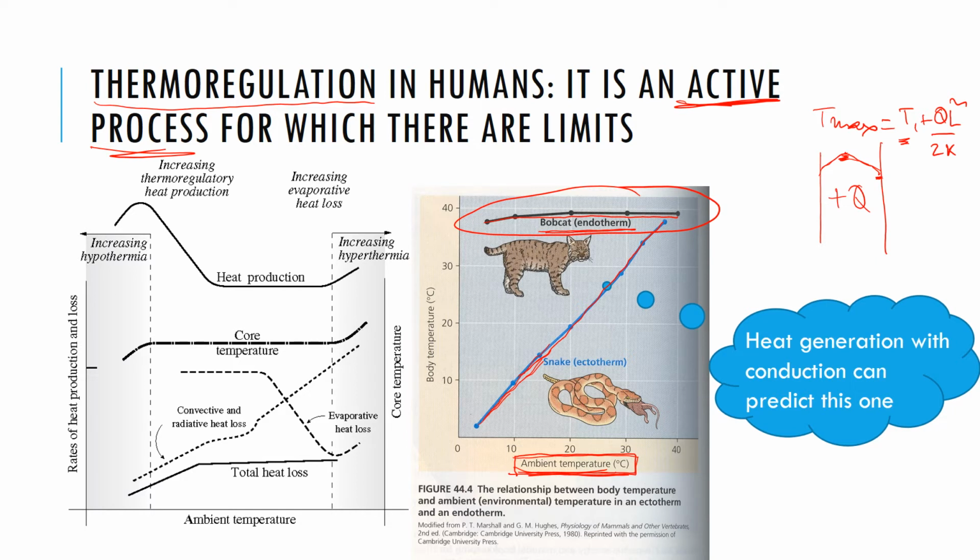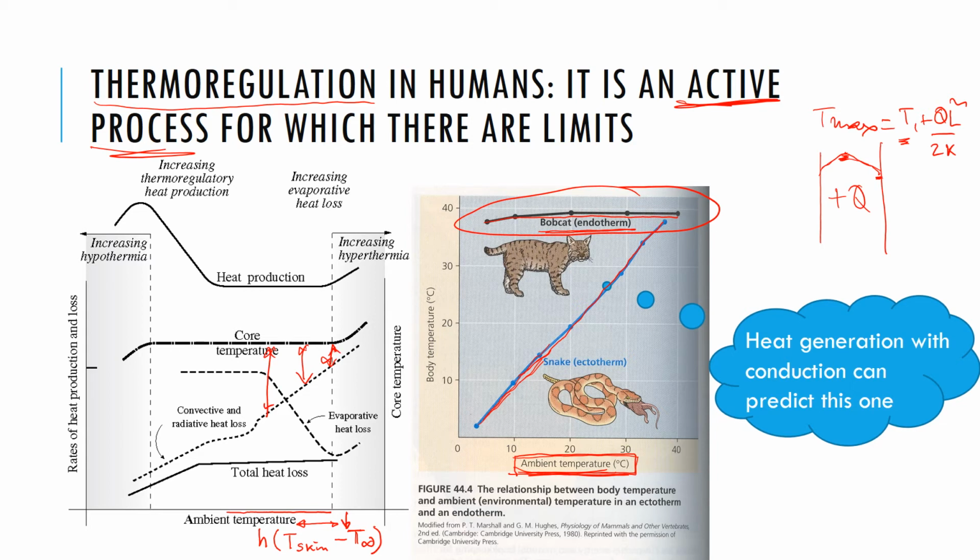So let's say if the ambient temperature increases, then heat loss from our body surface is h times T of skin minus T infinity. So if T infinity keeps increasing, then this difference, the difference between them, keeps decreasing. So convective heat loss keeps decreasing.